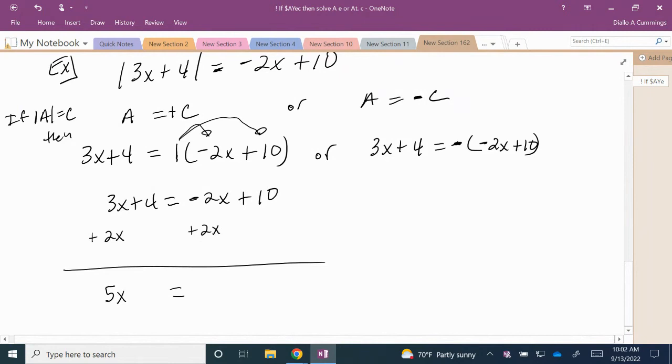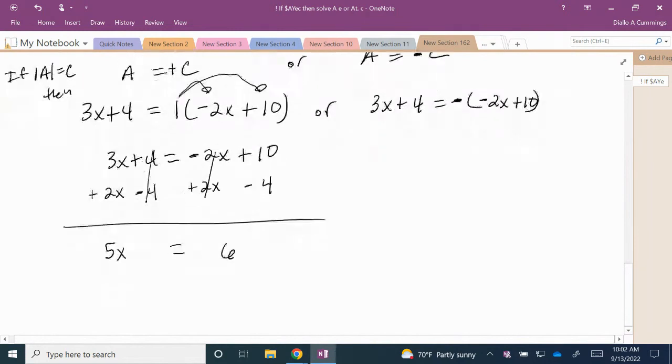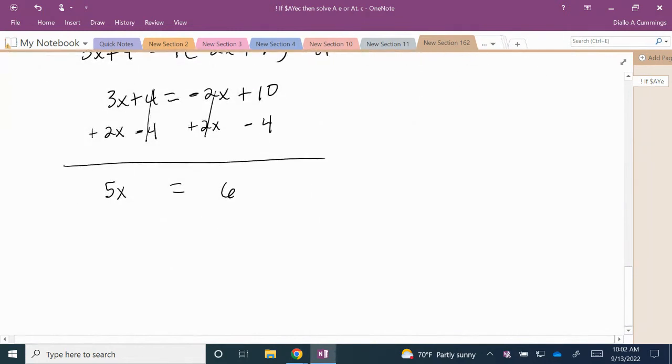And then I'm going to put all my constants on the right hand side. So I'm going to subtract 4. So on the left hand side, my 4's are going to cancel. And 10 minus 4 is 6. Right, so I have 5x is equal to 6. I'm going to divide both sides by 5. So x is equal to 6/5.